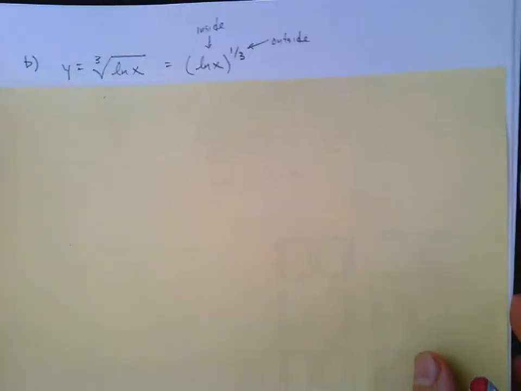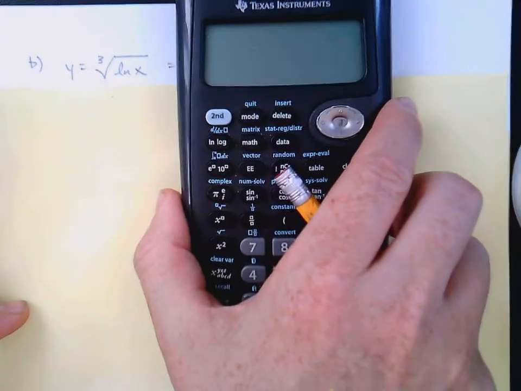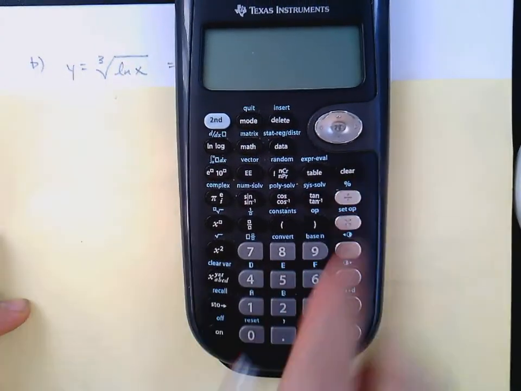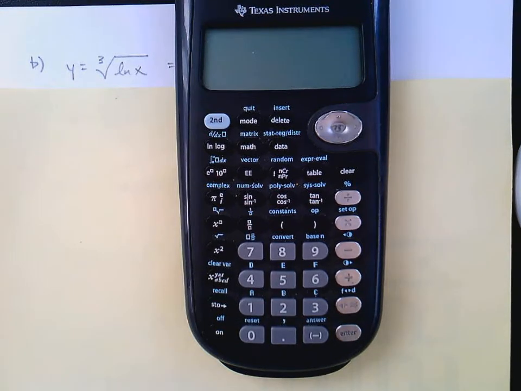Okay, let's see another one. And again, I'm revealing a little bit too much here at the beginning in my notes. Part B, well, let's look at that second example I showed you guys at the beginning. y equals the cube root of natural log x.